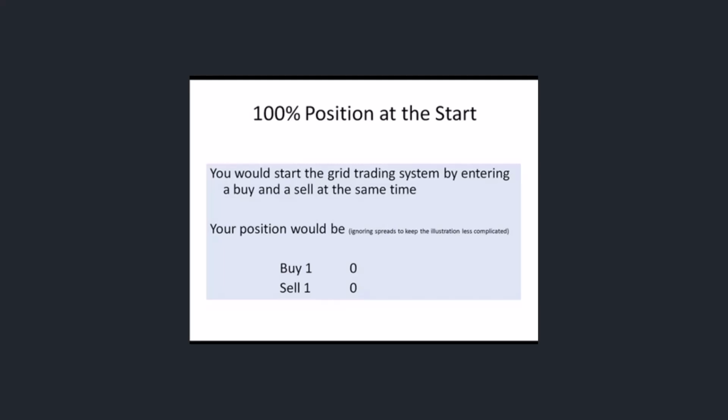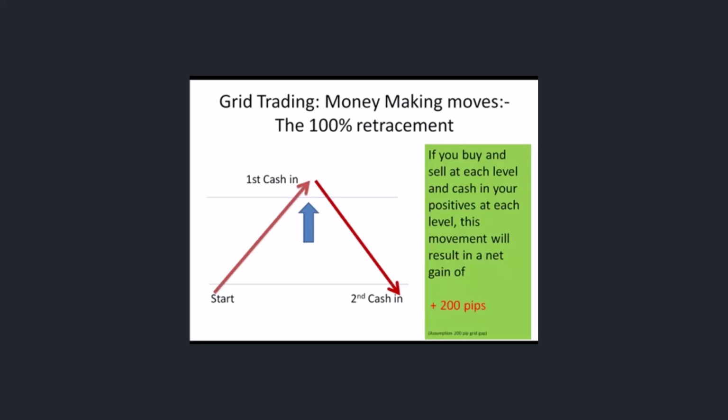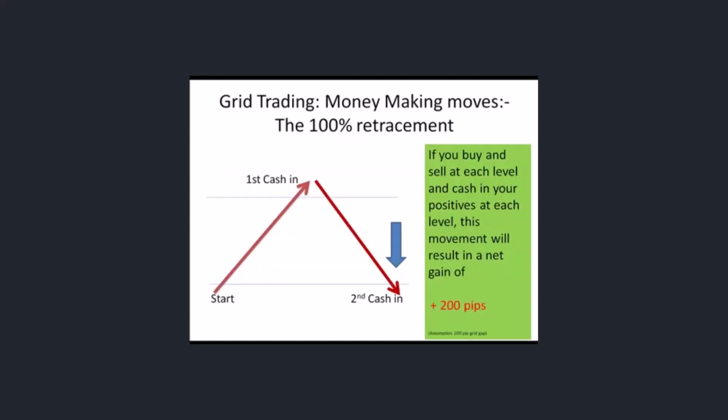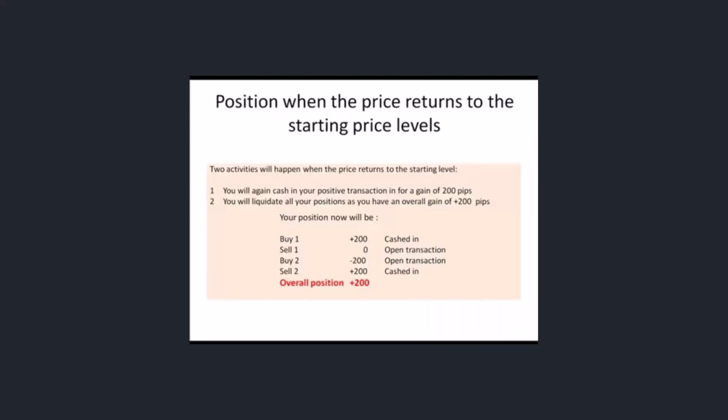We'll just quickly go through that very carefully. In the beginning, you buy and sell, and that's a zero situation. The price then moves to your first level, and at that level you enter a new buy and a sell, so they are neutral. You cash in the first buy, and your sell will have then gone 200 pips negative. So you've got one open transaction of minus 200. You've cashed in one of the transactions, and you then have 2 open transactions that have no result at that time. It then moves back to your starting position, and at that point your first buy has been cashed in.